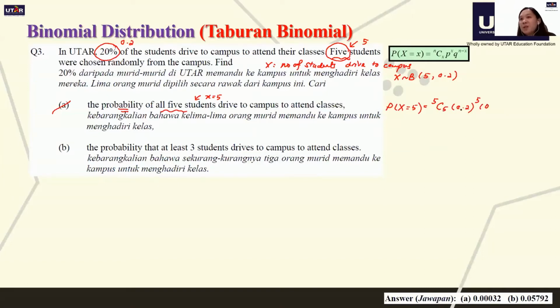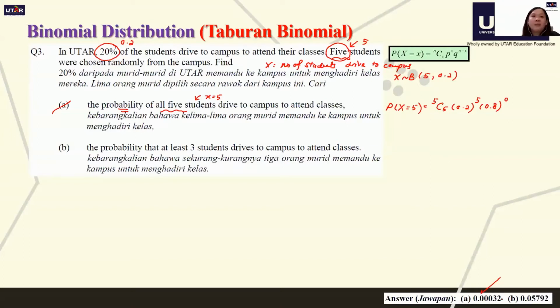If 20% drive, 80% will not be driving, so the balance power will be 0. You solve it out, and I believe the answer will be 0.00032. The question will be quite direct if they ask only for the probability of one number.